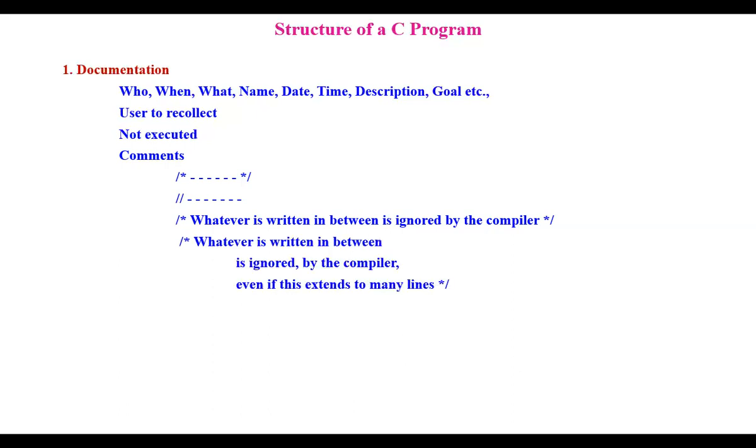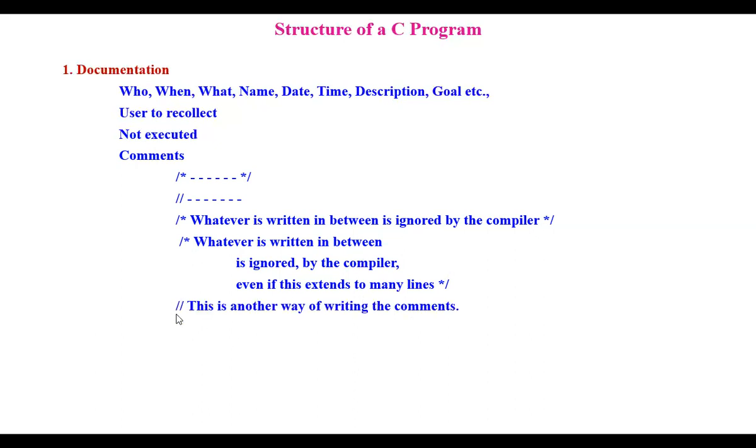These comments can even extend to many lines, but in the starting and in the end, these two must be there. Whatever is written between these two, you may be writing in a number of lines. All this is not executed. No compilation takes place for these lines.